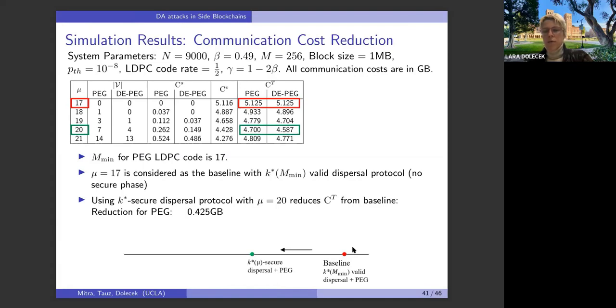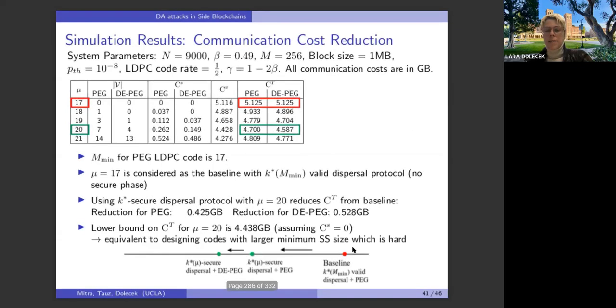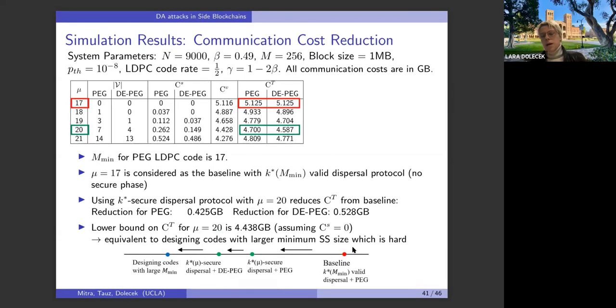We now go from 5 point something to 0.42. And then we go down to our secure dispersal along with our code design. This gets even closer to the best one could do, which would be designing a code that has a large stopping set size, which is still an open problem.